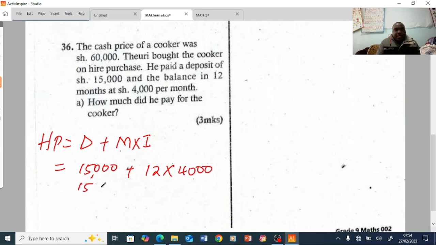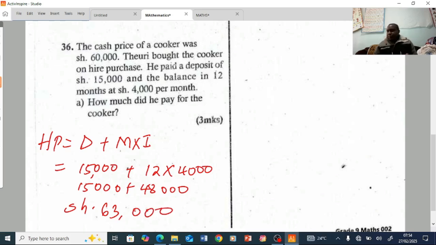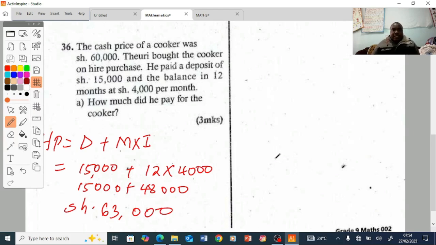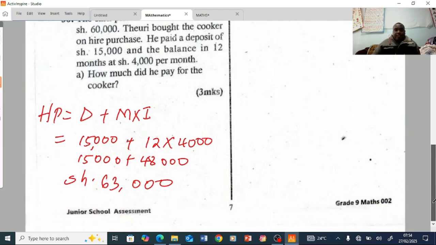This is 15,000 plus 4 times 12 is 48, so 48,000. So he paid 63,000 on hire purchase.